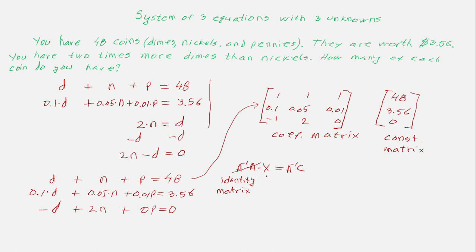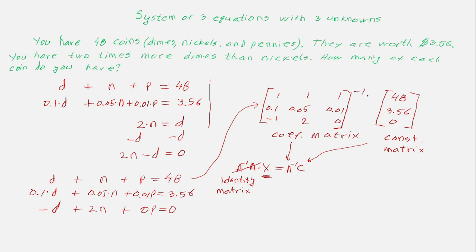So now to solve for our variables, what we need to do is multiply the inverse of the coefficient matrix with the constant matrix. So we have our coefficient matrix right there, we have our constant matrix right there. All we need to do is make this one an inverse.